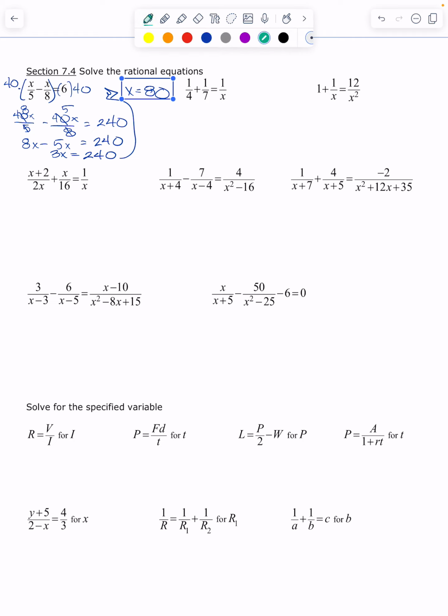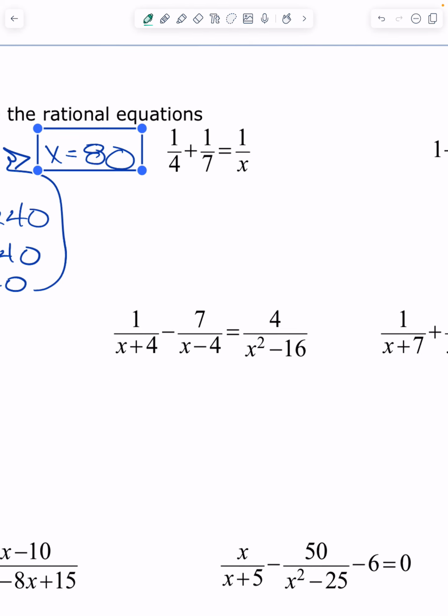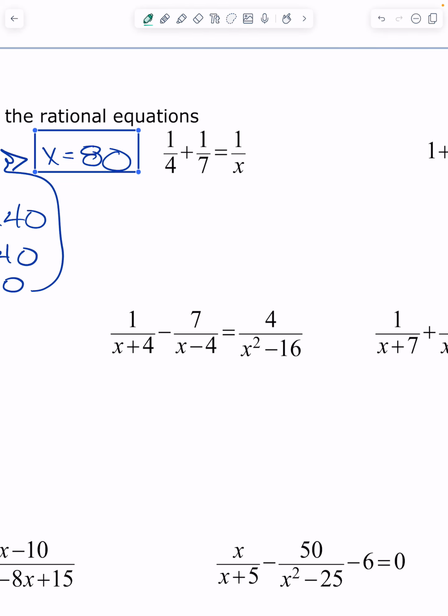I'm going to go ahead and change color and see if I can keep this from getting confusing, because I obviously write too big. Let's see if I can blow this up and make it a little better. Okay, so I have a 4, a 7, and an x, which means 4 times 7 is 28 times x.